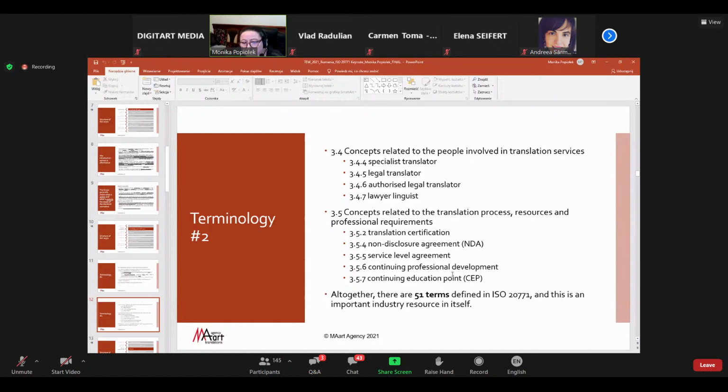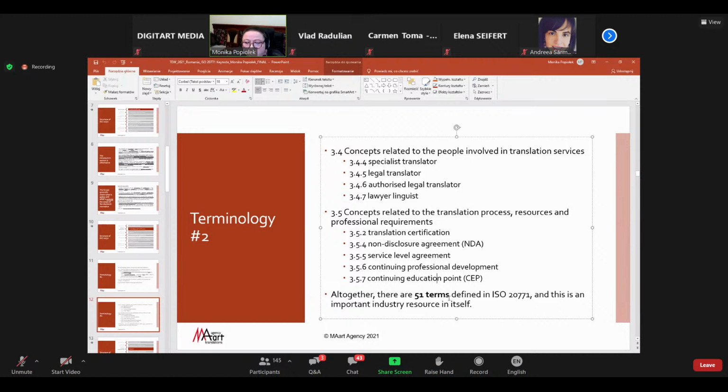And as part of the continuing professional development, in this standard, you have a scheme which shows you how this can be implemented, I mean CPD, by using continuing education points, which actually is part of the European qualifications framework, and it works very well with any academic programs or any programs structured according to those rules. I'll go to that later if we have the time, because it's another interesting section.